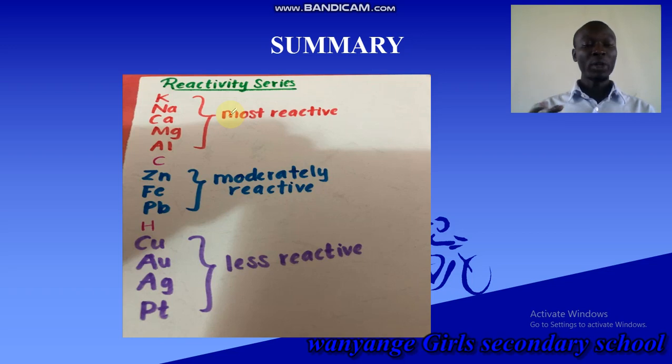Those ones are moderately reactive. Then there are those that are even less reactive than hydrogen, and those are copper, silver, gold, and platinum. Those are the least reactive. But still within those groupings, there are those that are more reactive than others. For example, in the group of most reactive, potassium is more reactive than the rest.